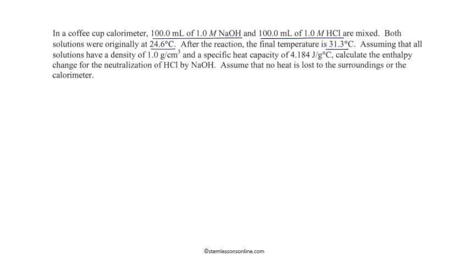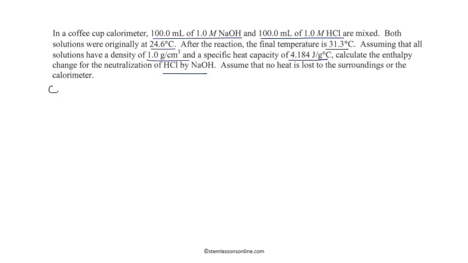Assume that all solutions have density 1 gram per cubic centimeter and a specific heat capacity of 4.184 joules per gram degree Celsius. Calculate the enthalpy change for the neutralization of HCl by NaOH. Assume that no heat is lost to the surroundings or the calorimeter.